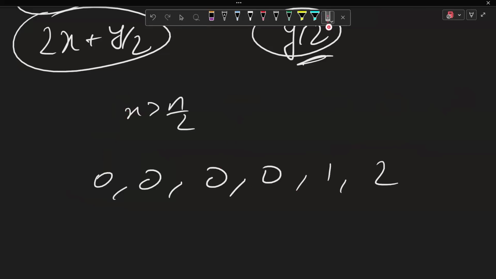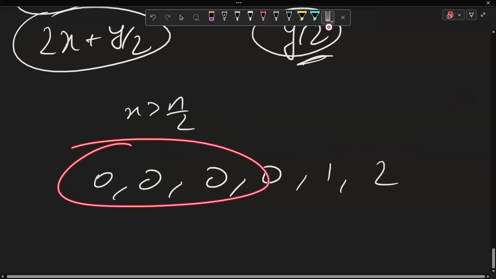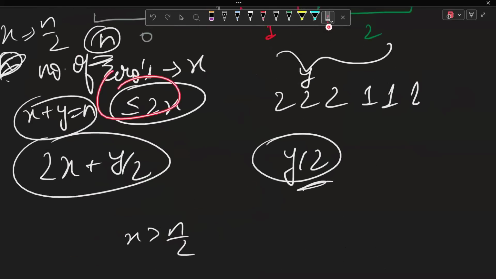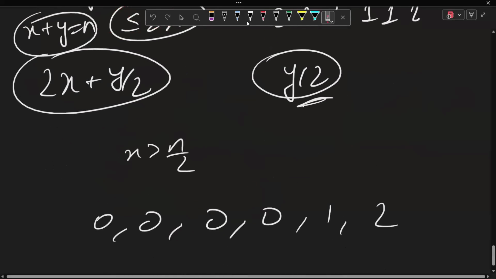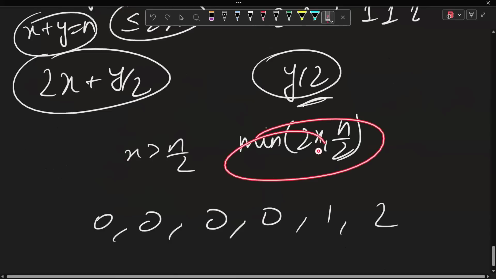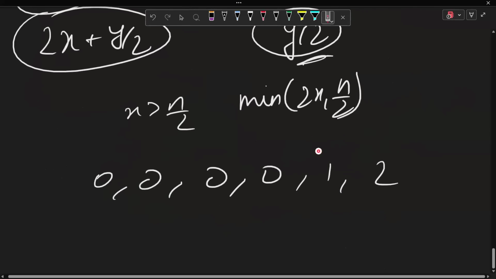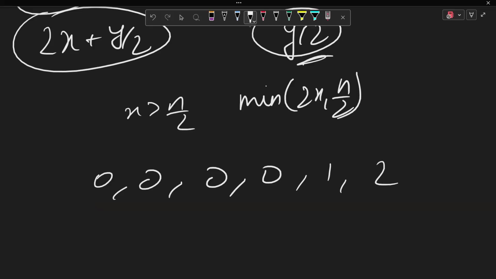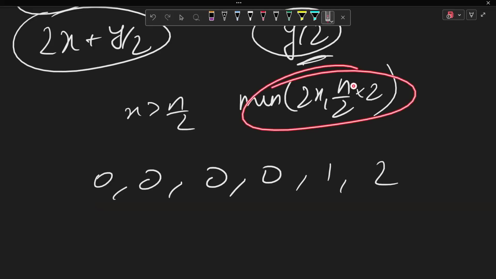For them we don't need a swap. So at max it would be n by 2 only. So it's not 2x but the minimum of 2x and n by 2. Okay, this upper bound, I hope it is clear to you, n by 2 into 2, so it won't exceed n.